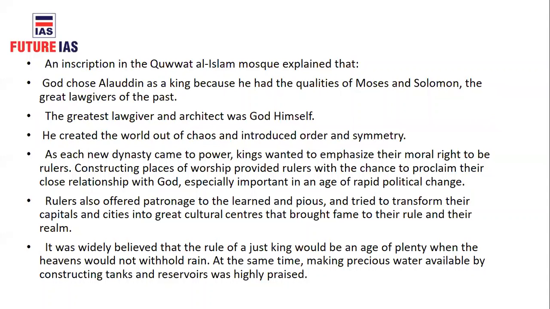For example, an inscription in a mosque, which is also known as the Quwwat al-Islam Mosque, clearly explains regarding Alauddin Khilji that he was the king because he has certain qualities of the great lawgivers. For example, these great lawgivers are Moses and Solomon.